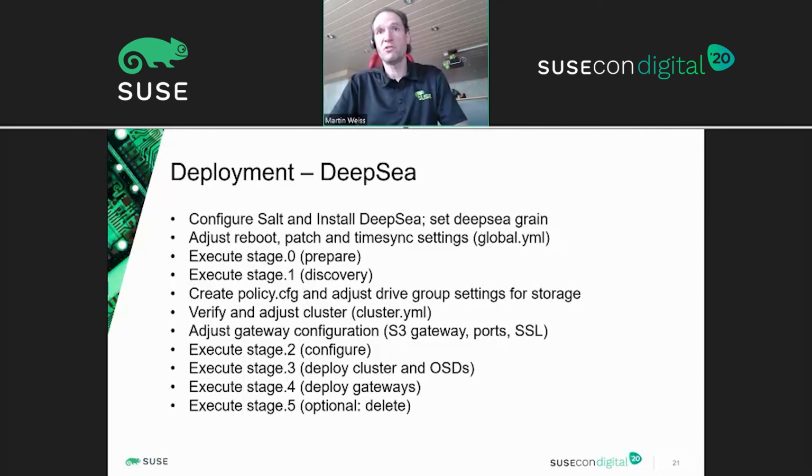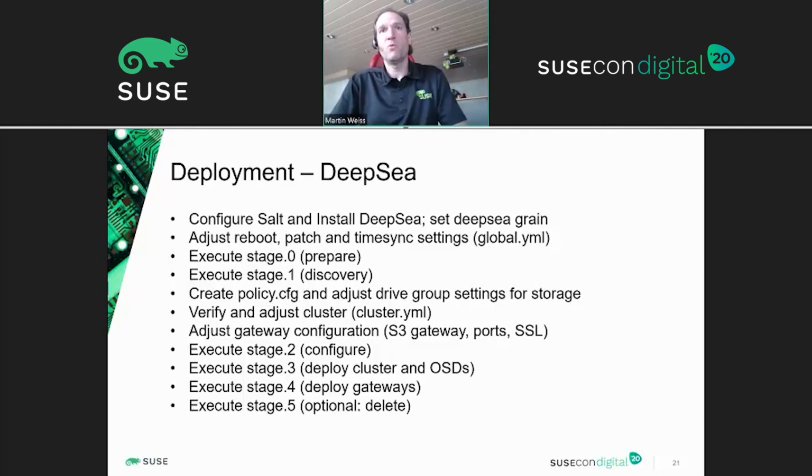So which server should be a monitor, which should be an OSD, where would I want to have my Prometheus, Grafana, etc. And then adjust the drive group settings, which is basically the rule: how do you want to deploy your object storage daemons, and where do you want to place your RocksDB and write-ahead log, etc.